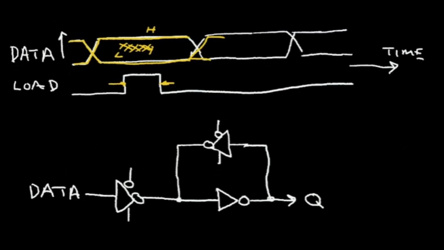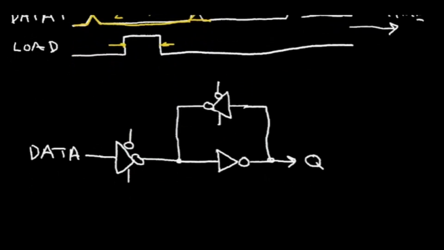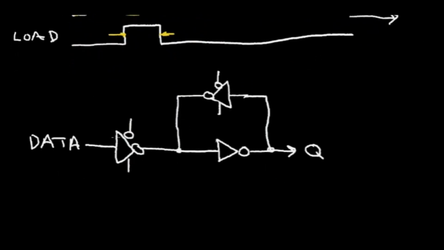And now I need to generate a load signal to store data into this latch. So I'm going to use two inverters to make my load signals. So this output of the inverter will connect to the input of another inverter. I'm going to call this input my load signal.